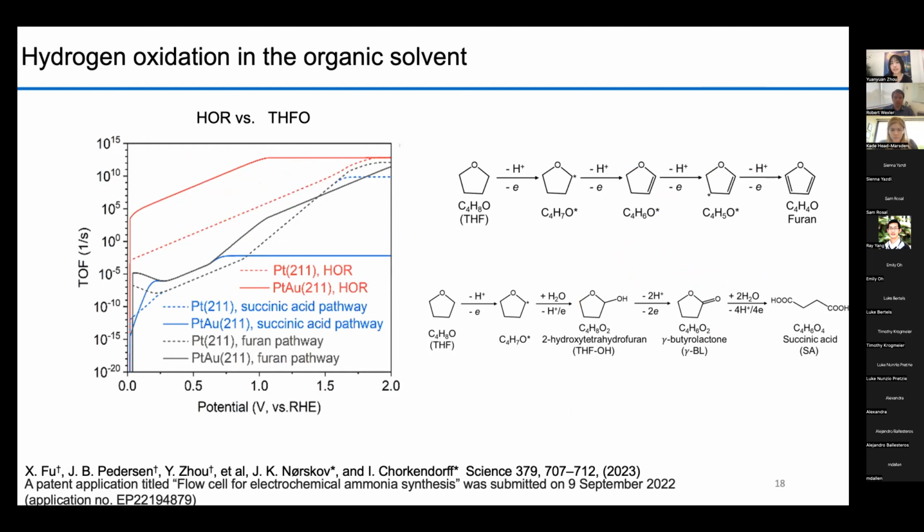The first is the direct dehydrogenation from THF to furan, and the second involves water to produce succinic acid. And we could see this is the turnover frequency as a function of the applied potential, and on the platinum-gold, the hydrogen oxidation selectivity is enhanced.